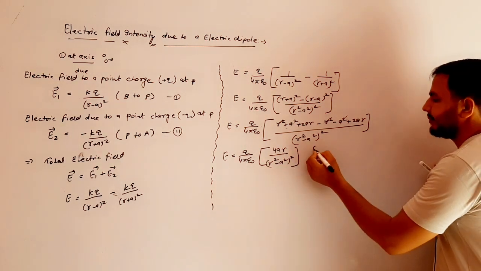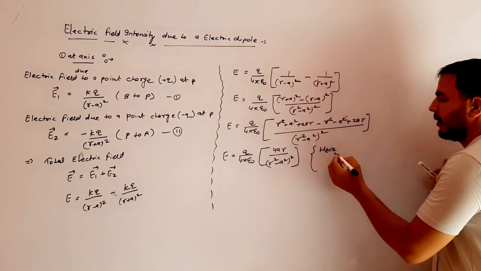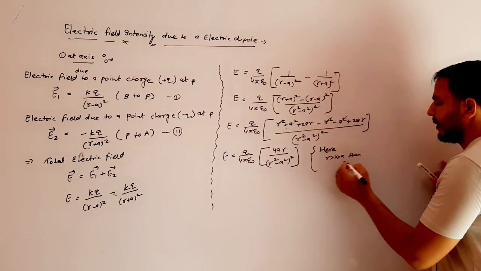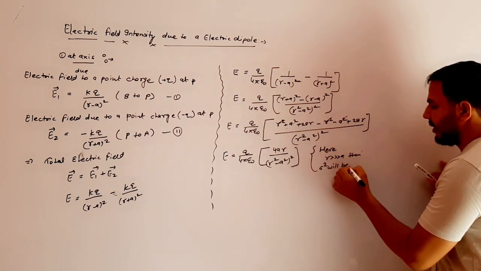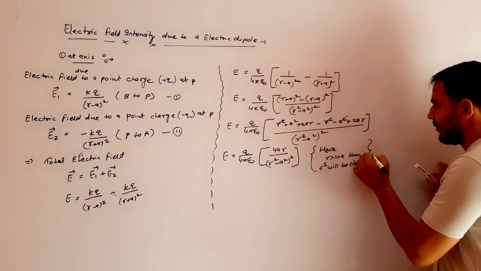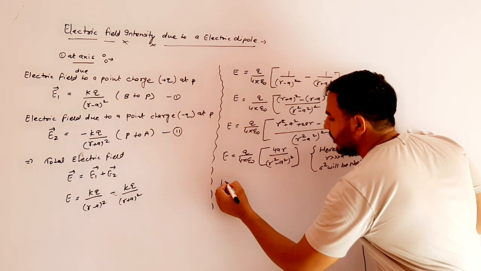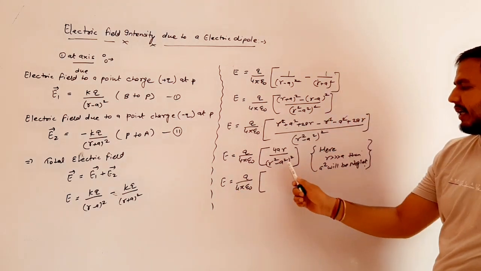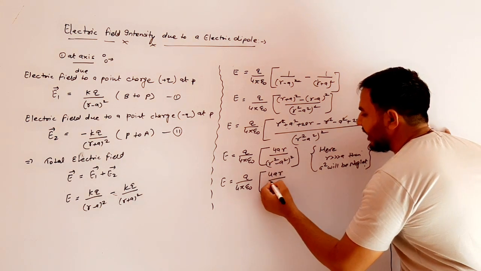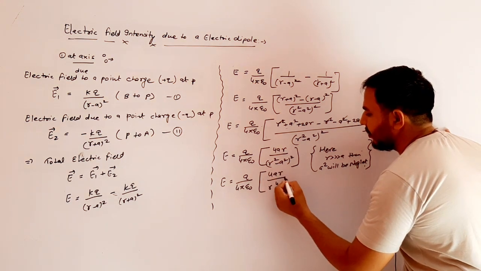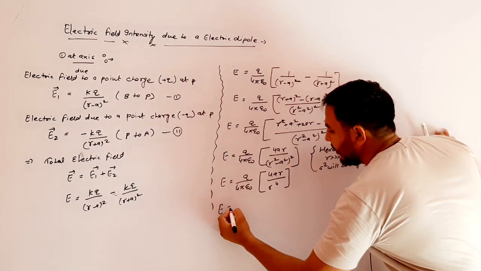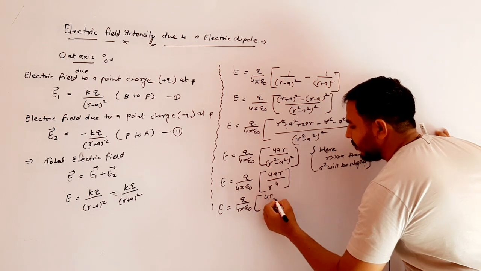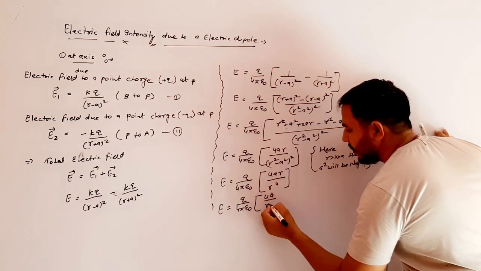Clear? Here r is much greater than a, then a square will be neglected. So E is equal to q upon 4 pi epsilon naught, a square negligible, then 4ar upon r to the power 4. Here E is equal to q upon 4 pi epsilon naught, 4a upon r cube.